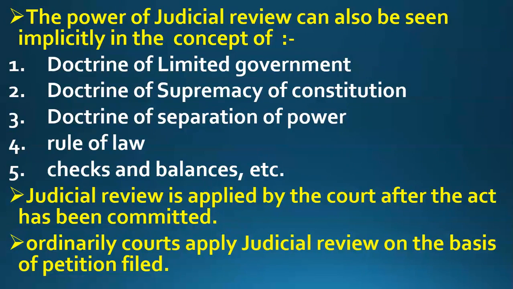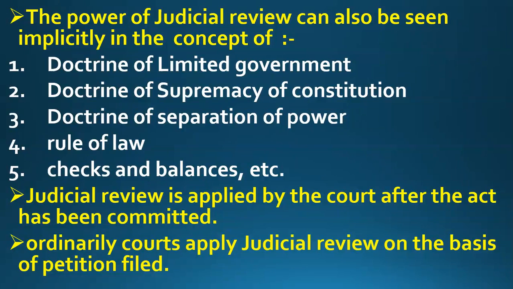Now how does this doctrine provide the power of judicial review to the court? So friends, suppose the government tries to do something unconstitutional, meaning the government wants to become unlimited, wants to become arbitrary, wants to do something arbitrary in nature.